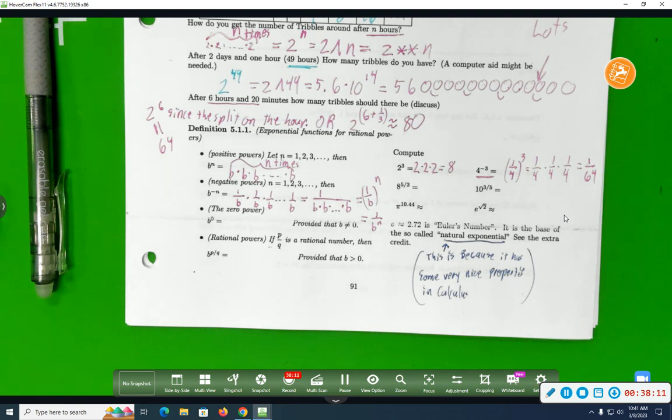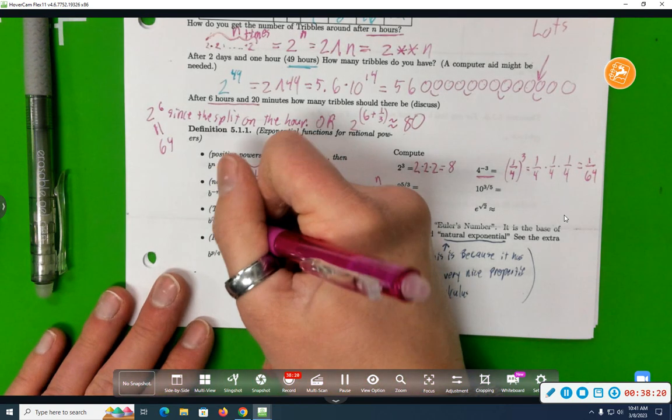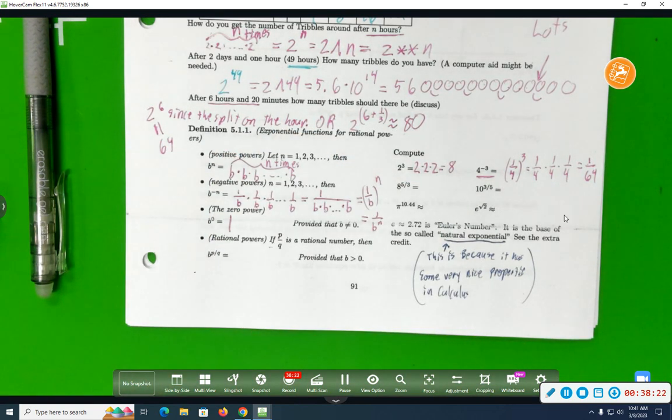So what would you want to put there for b to the 0 to make that true? 1. So b to the 0, I will assign to be 1. Provided that b itself isn't 0. 0 to the 0th power is something that you need to be weirded out by. It doesn't really make sense.